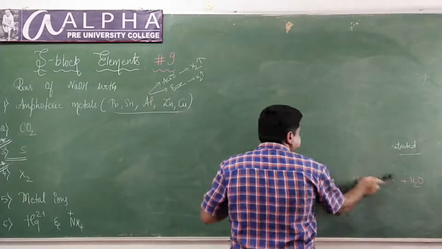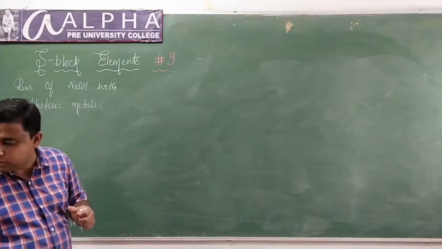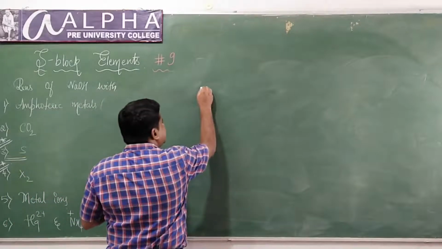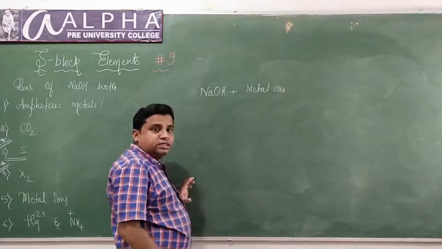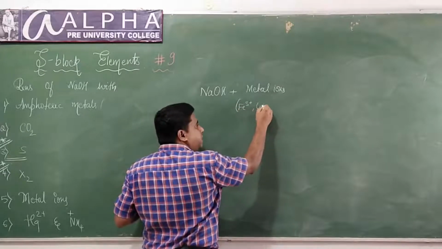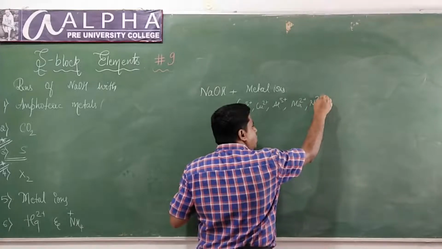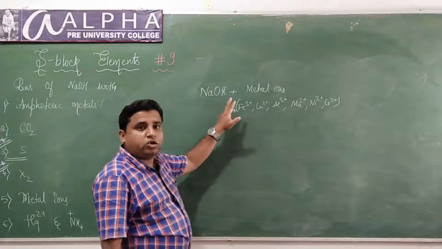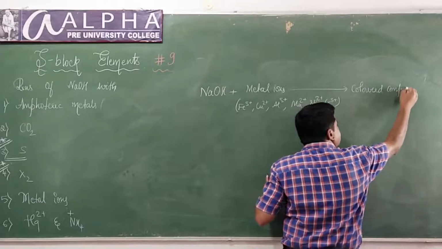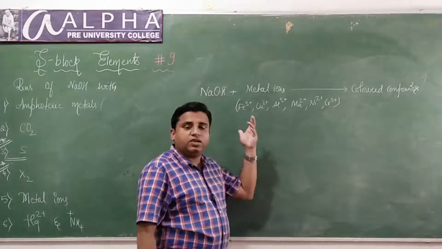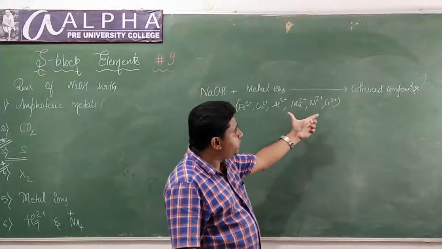Now, next, with metal ions: how does sodium hydroxide react with metal ions? When sodium hydroxide reacts with metal ions such as ferric ions, copper ions, aluminium ions, manganese ion, nickel ion, and chromium ion, they form colored compounds.